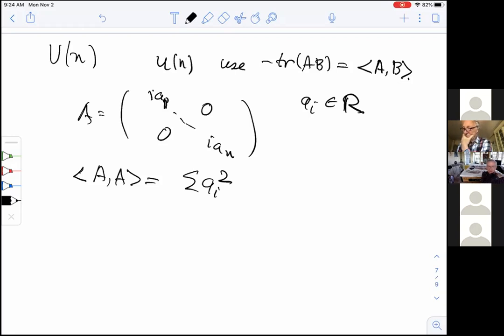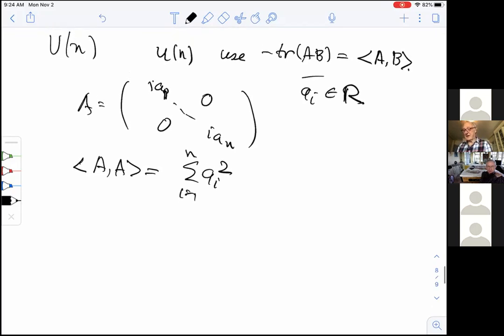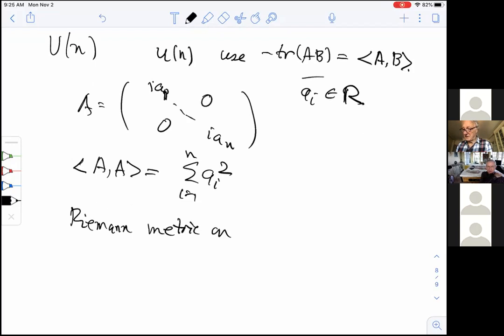So minus the trace is a sum of the a_i squared. So that certainly justifies the minus sign in front of the trace AB. It makes a positive definite inner product on the Lie algebra of the unitary group. It's invariant under the adjoint action. So this gives you a Riemannian metric. You just push it around by left or right translation, you get a Riemannian metric on the unitary group.